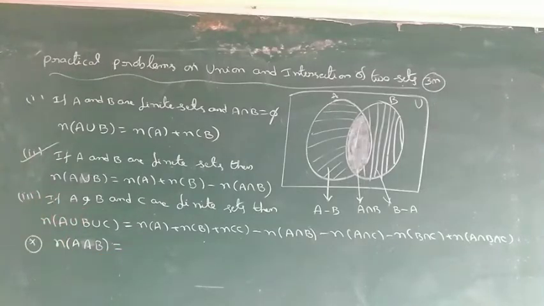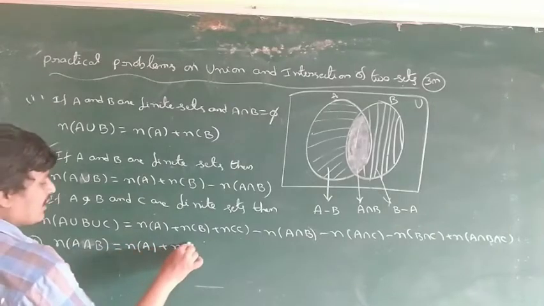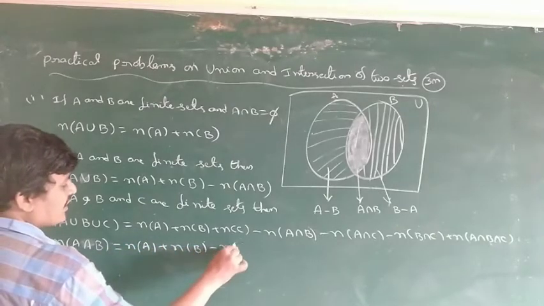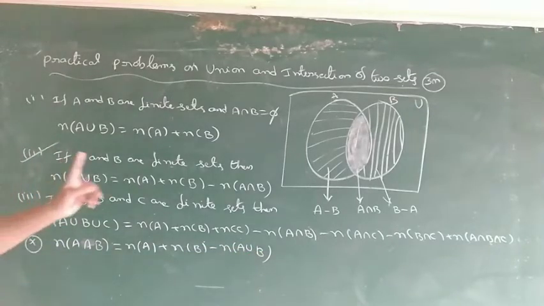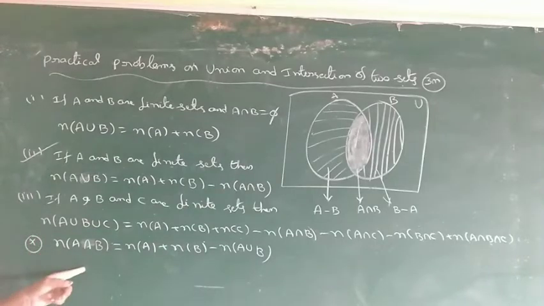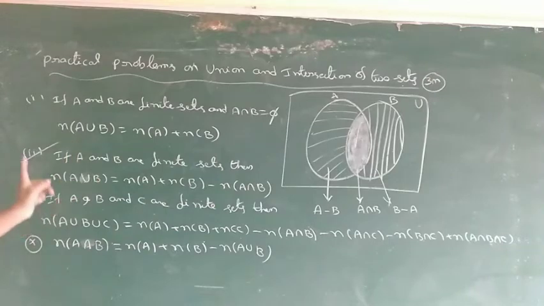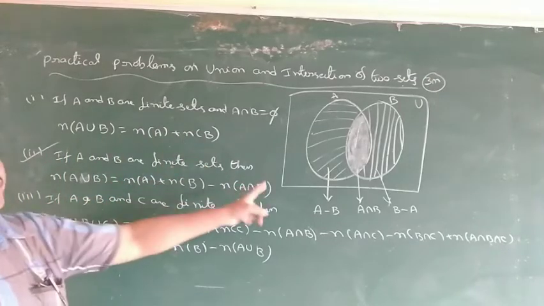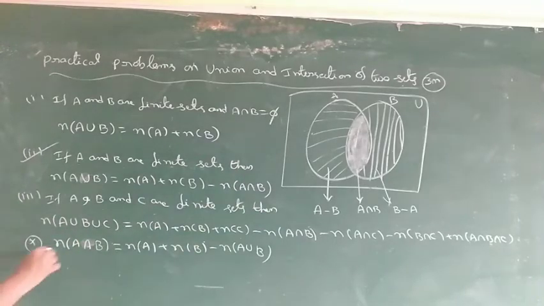It is n of A plus n of B minus n of A union B. The minus A intersection B goes to the left side and the plus A union B goes to the right side; plus converts into minus, minus converts into plus.